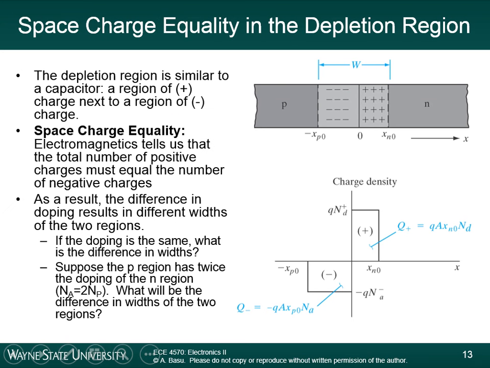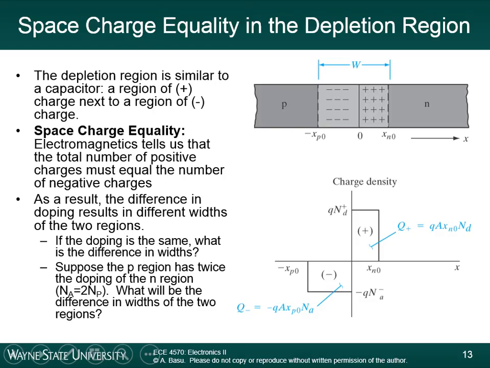Last time in class we ended up with this concept, so I would like to continue from there. Space charge equality tells us that the number of positive ions on the right side of the junction is equal to the number of negative ions on the left side of the junction. Now both sides will have a different doping density.